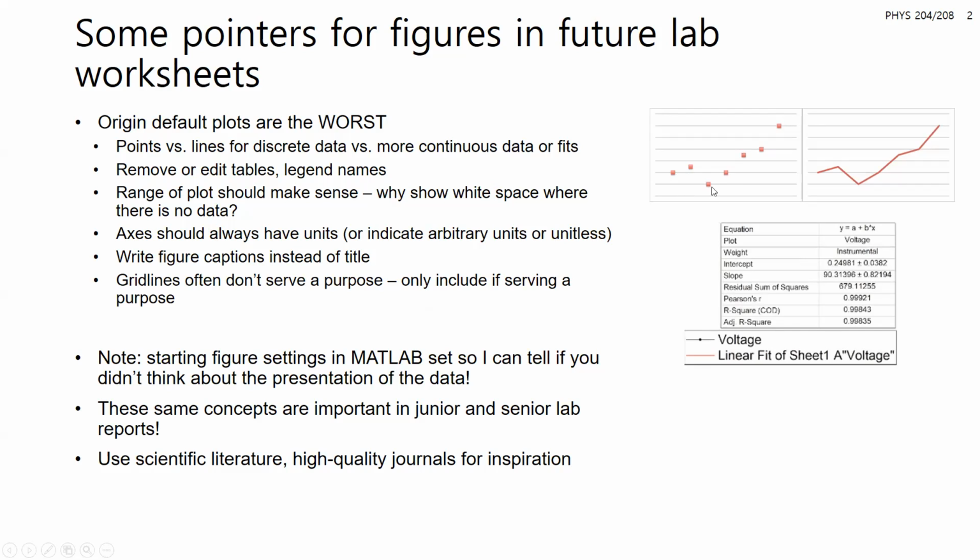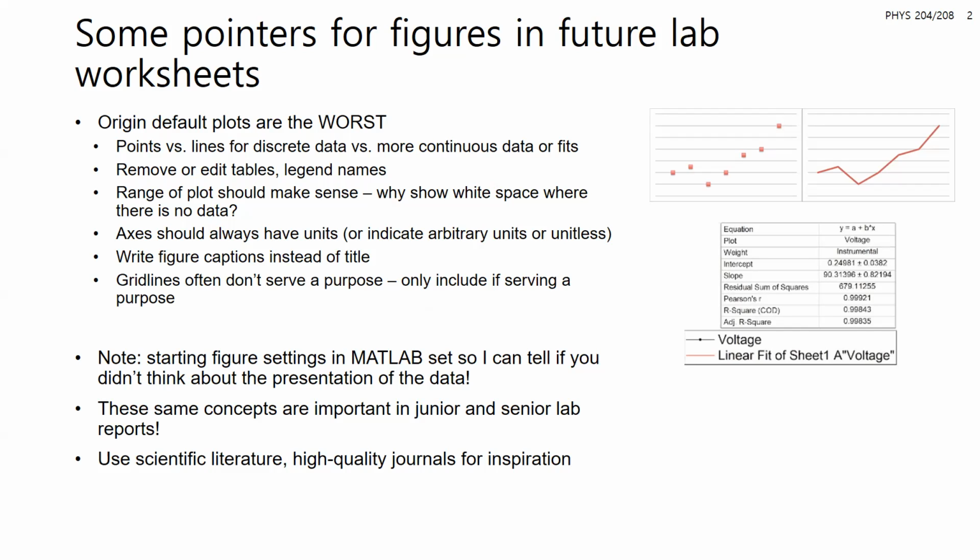I'd also like to point out the difference between using discrete data points versus continuous lines. When you're collecting data like the Ohm's law plot that you included, if you use solid lines like this, I can't tell, are there actual data points in between here? So usually lines are used to represent fits, while discrete data points will indicate the discreteness of your data.